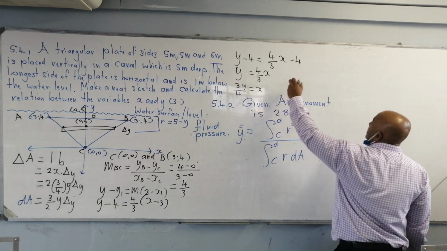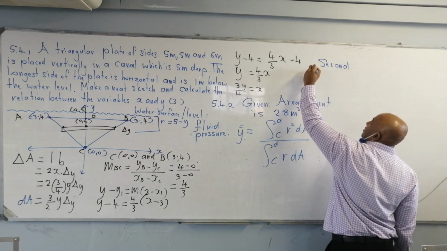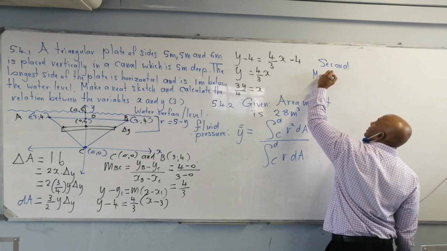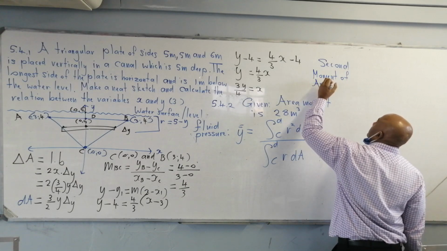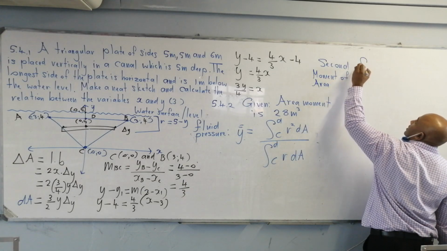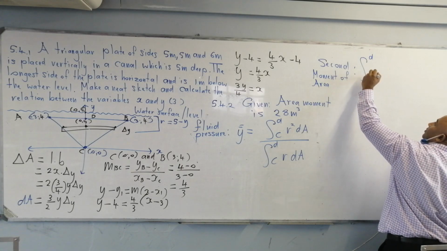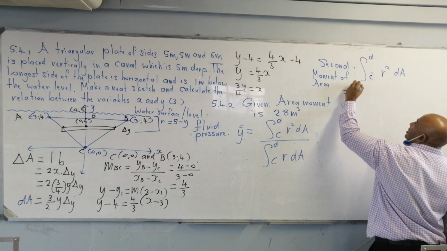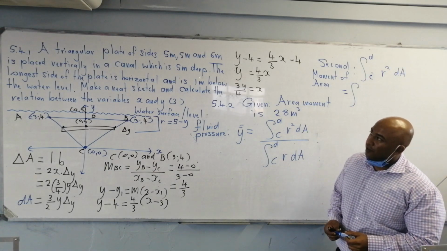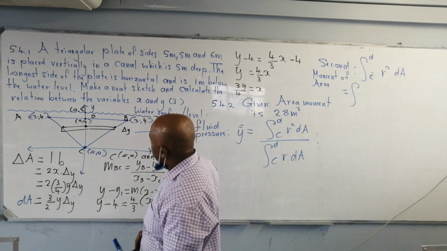So let's take this and write it down. So the second moment of area, we got our integral of R squared dA. So what are we dealing with? We are dealing with a triangular plate. Okay, and where does the plate start?